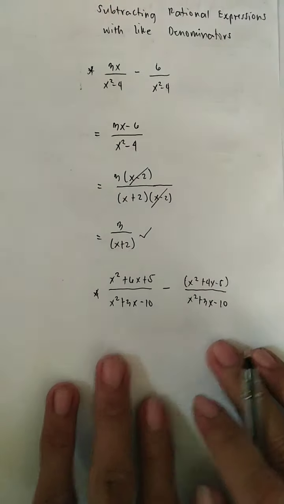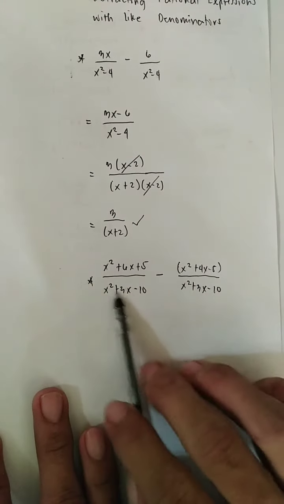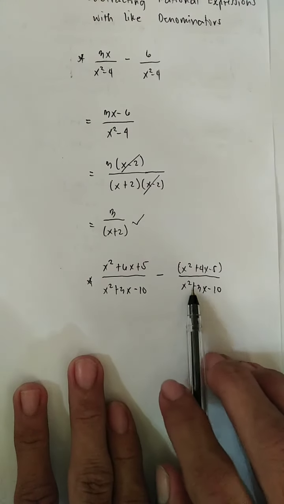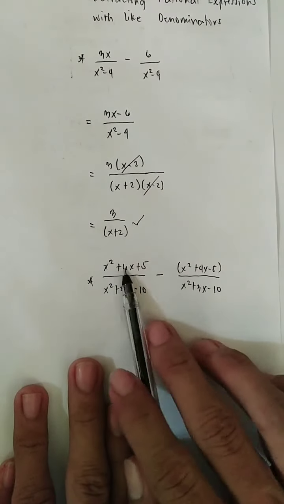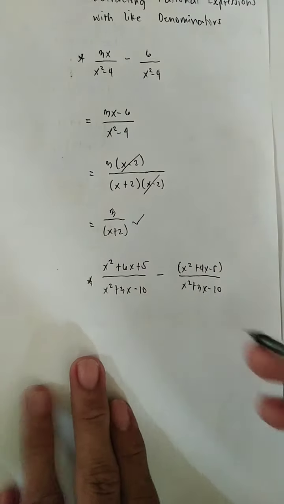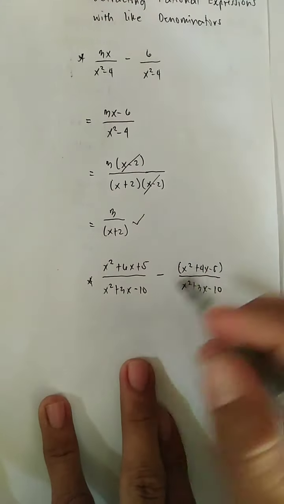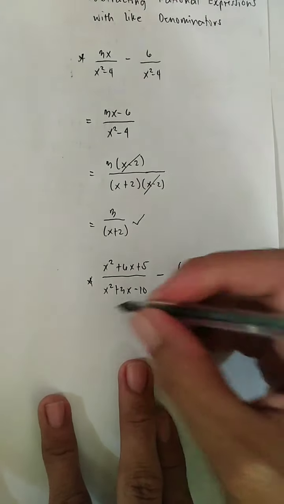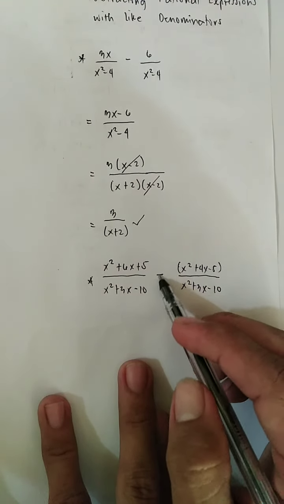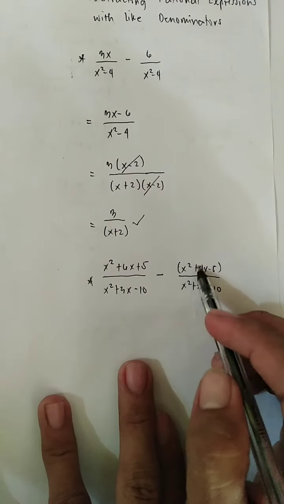As you can observe, they have the same denominator. So as the rule states, we are just going to subtract the numerators directly and then copy the denominator. Let us simplify the numerator first. We are going to distribute the subtraction sign in this expression.